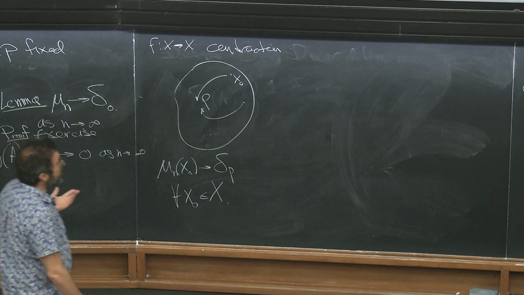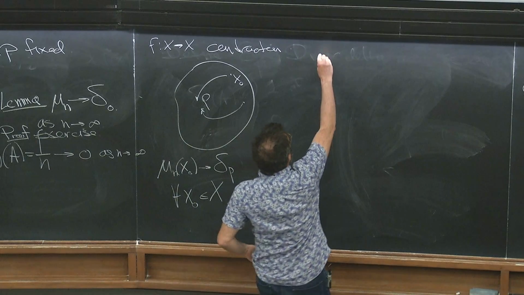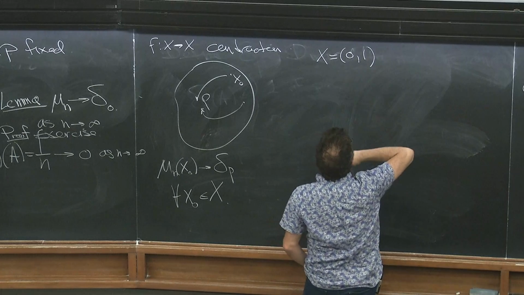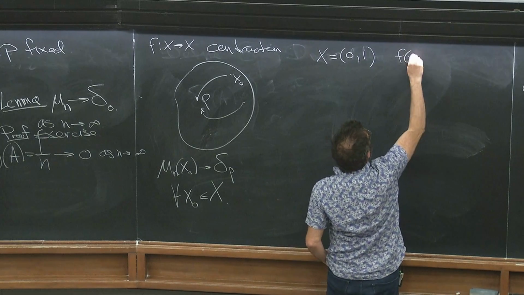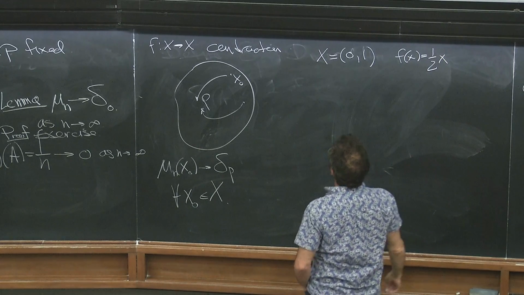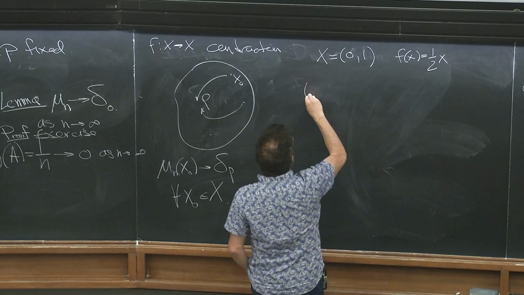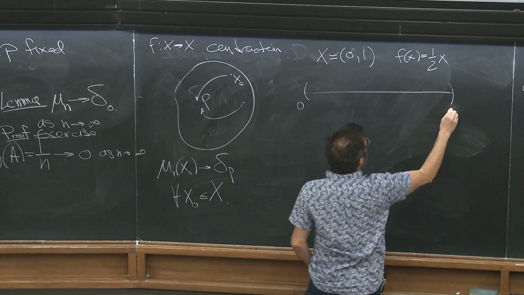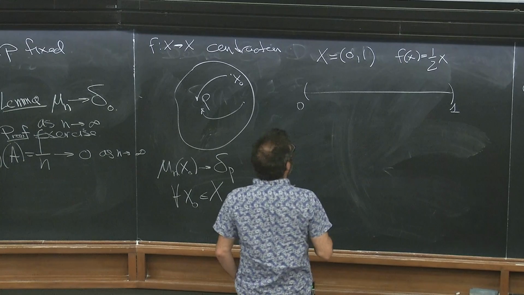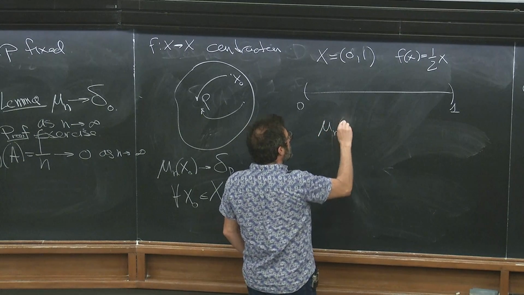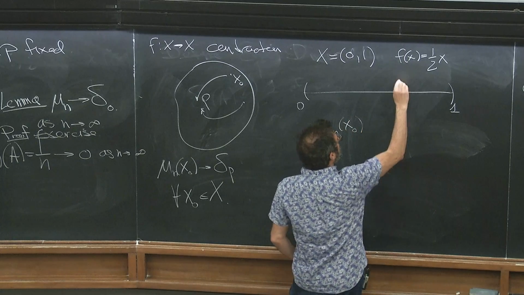The lack of compactness. So of course, if we take X to be the open interval (0,1), and we take the same map f(x) = 1/2 x, then this is the open interval, right? And you look at mu_n of x naught.